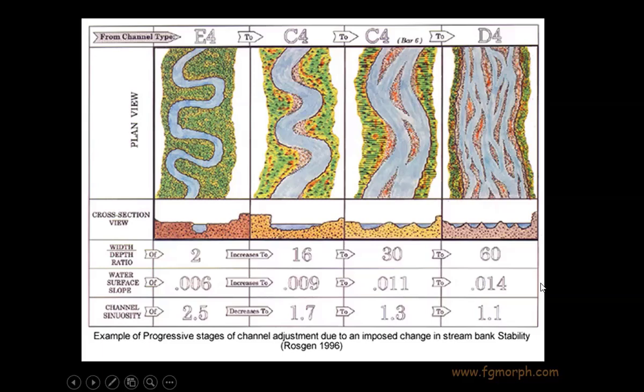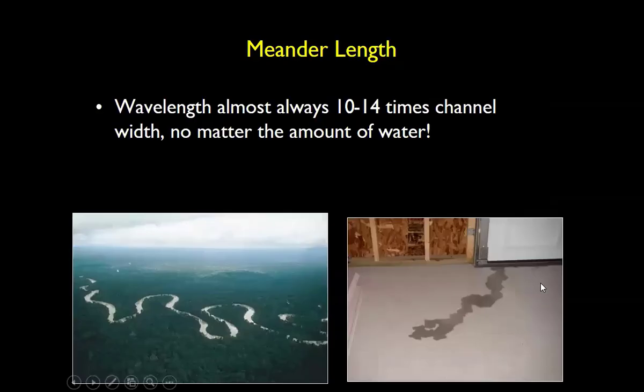So a lot of measurements go into saying, what should that natural channel look like? There are some real detailed calculations of the width to depth ratio, the slope, and what's called the sinuosity, which just means how extreme the curve is relative to the straight line distance. So stream channels can look really different.